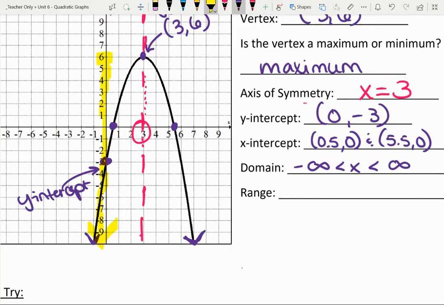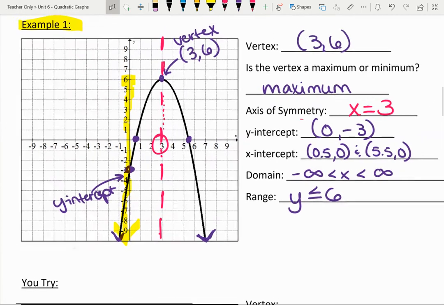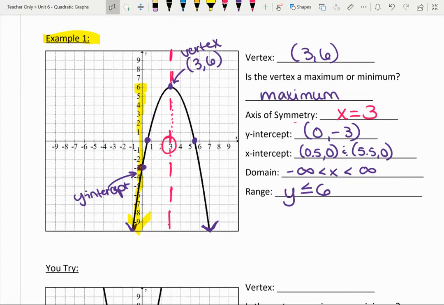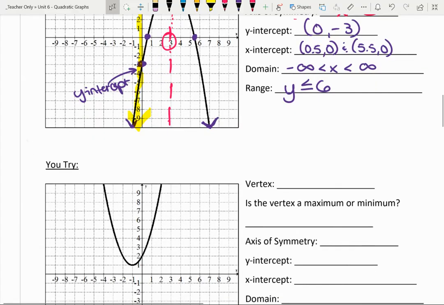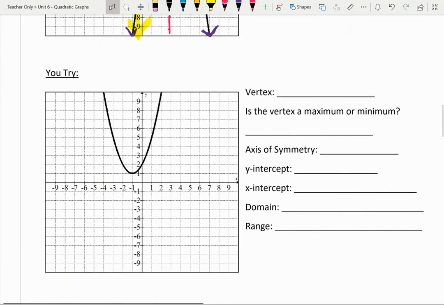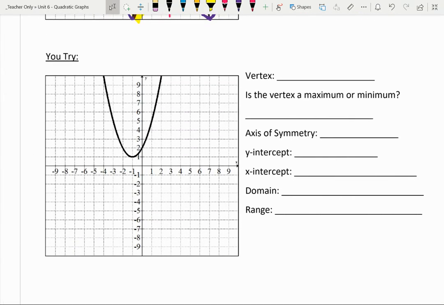So we're going to say that our range is all y values less than or equal to 6. That's the highest y value, and then everything below it is covered. So there is an example down here titled "You Try." I am going to have you try that and then check back in here, and we'll compare our answers and see how you did.